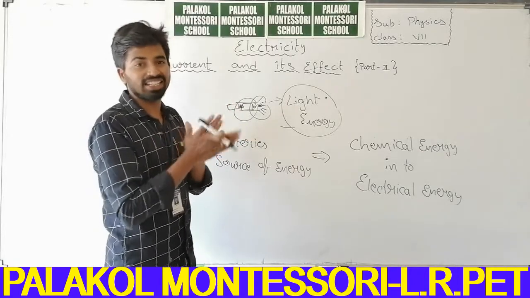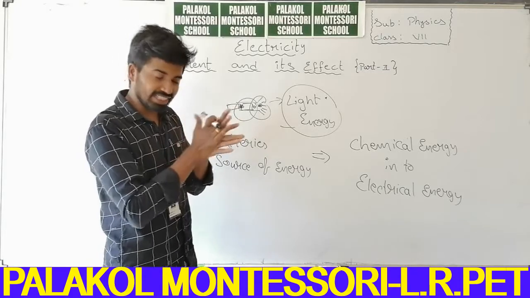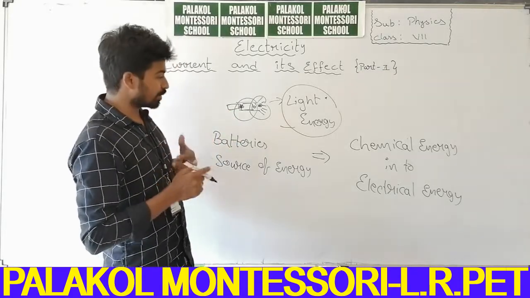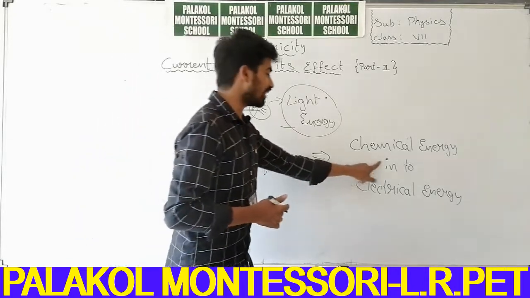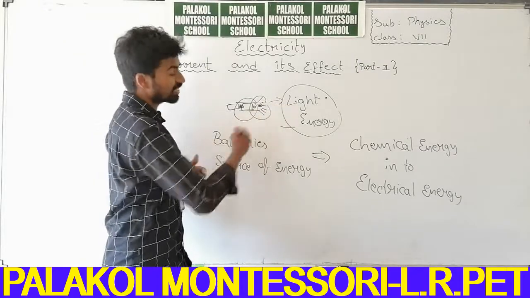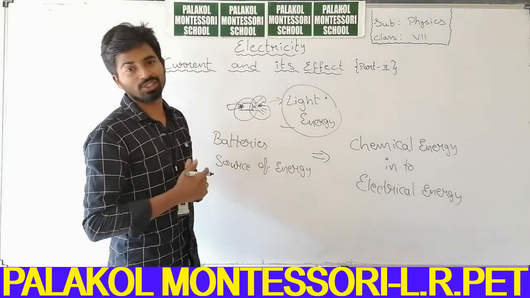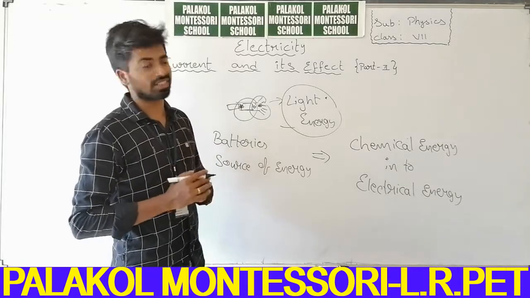The hands get some heat, because mechanical energy is converted into heat energy. Similarly, chemical energy is converted into electrical energy, and again electrical energy is converted into light energy. The energy conversion process keeps on going in the universe.